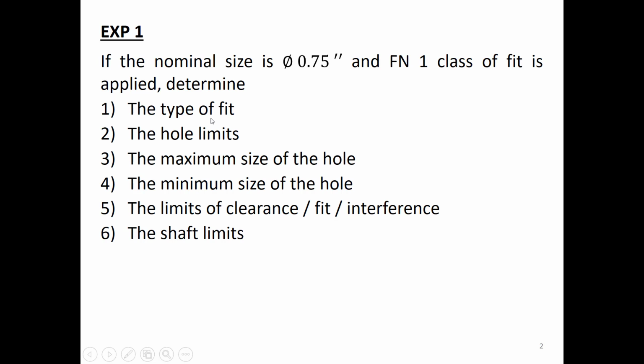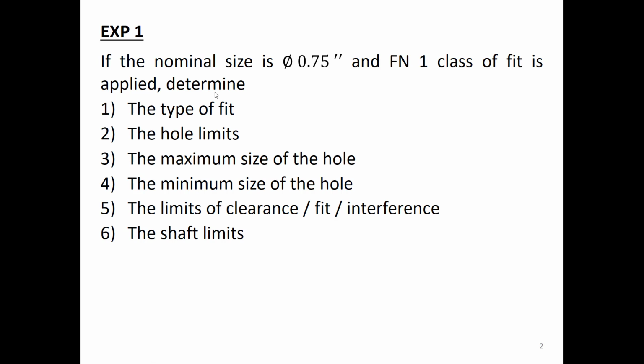Determine the type of fit and the hole limits, the maximum and minimum size of the hole, and the limits of either clearance or interference, depending on what type of fit this is, and also the shaft limits.